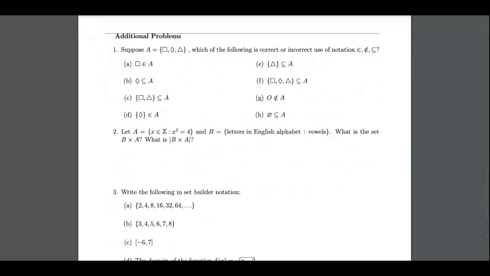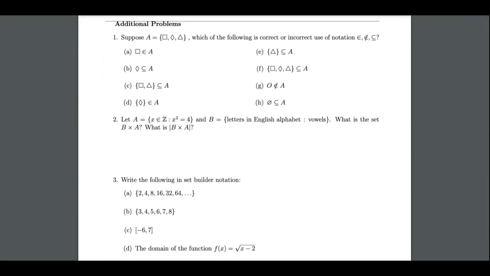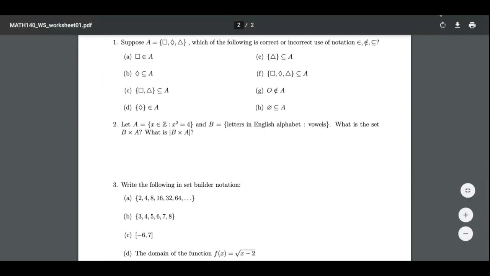Additional problems. So let's see. Yeah, let's go through this. So the first one, suppose the set A contains 3 elements: square, triangle, rhombus, right?